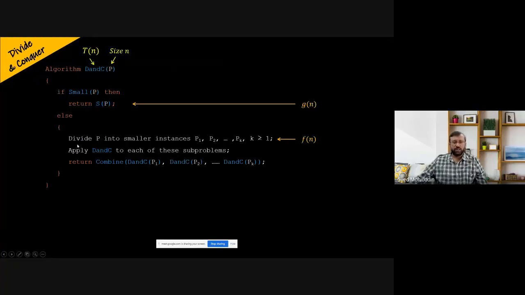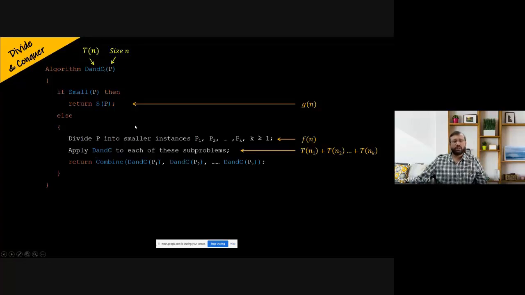Let us assume that the process of dividing a problem into subproblems takes f(n) as the time. Then the statement, apply divide and conquer to each of these subproblems, is a recursive call.